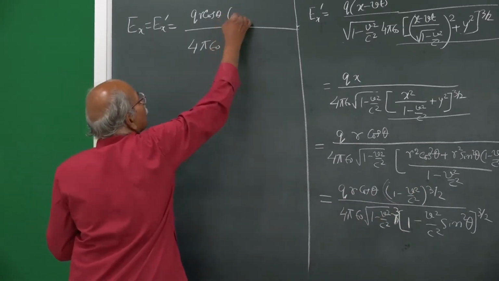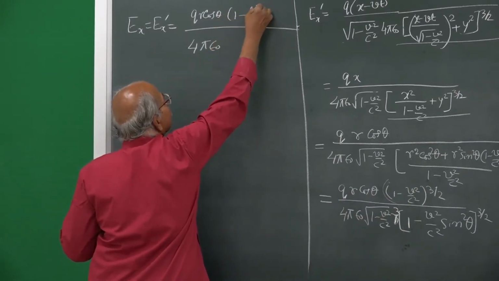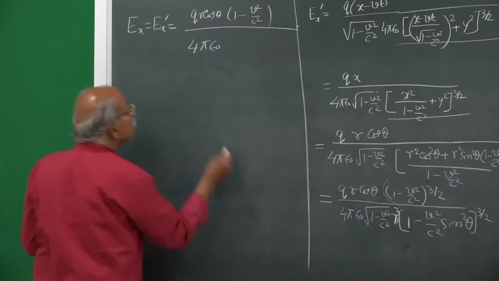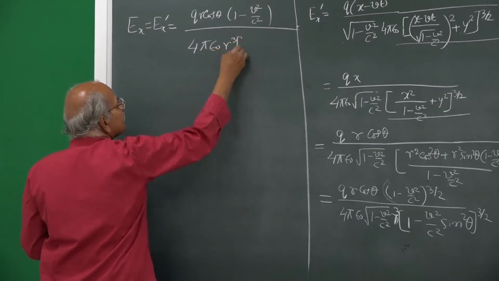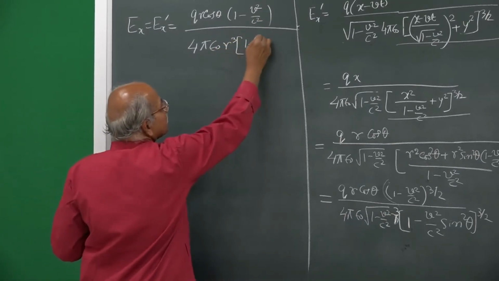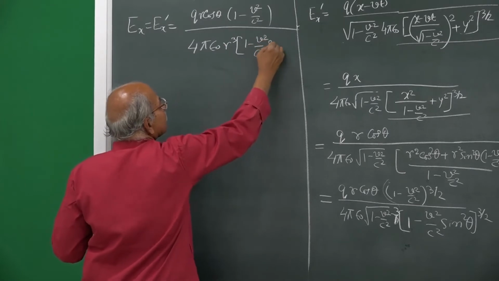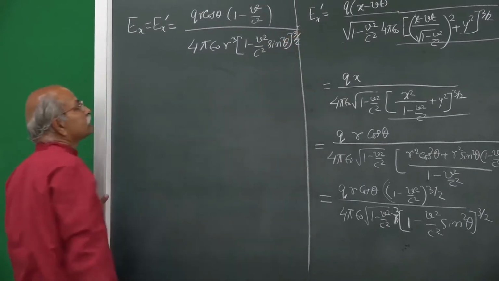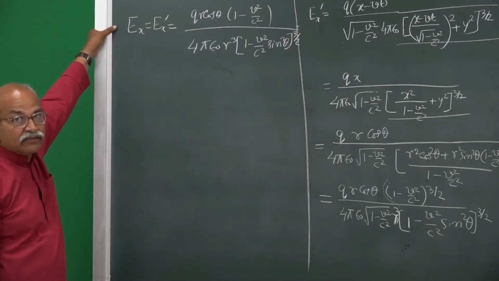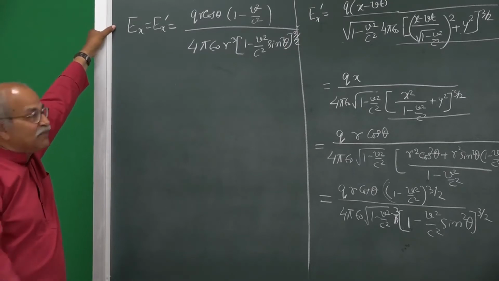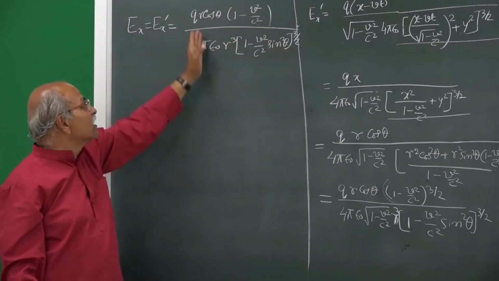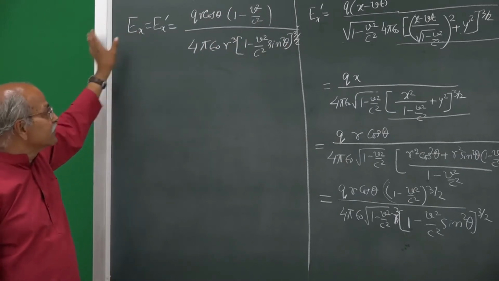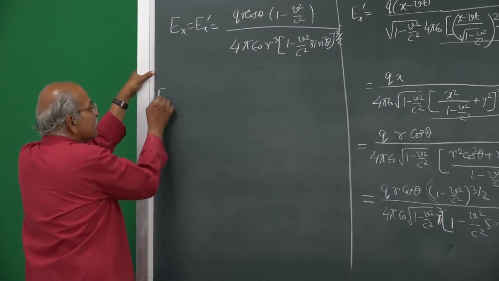So, this is 1 minus v square by c square, that is here. Then you have 4 pi epsilon naught r cube, and this factor (1 minus v square by c square sin square theta) power 3 by 2, that is Ex. Now, I am in S frame, proper S frame, coordinates of S frame r and theta, and then the field component is Ex. So, this is it. Now, comes Ey.